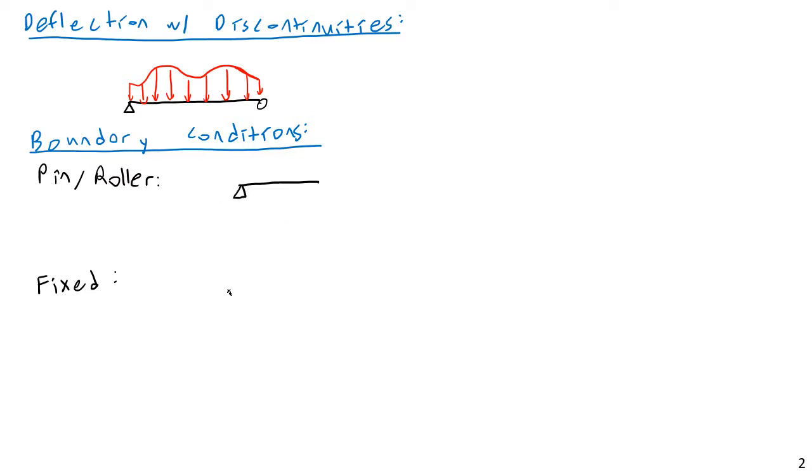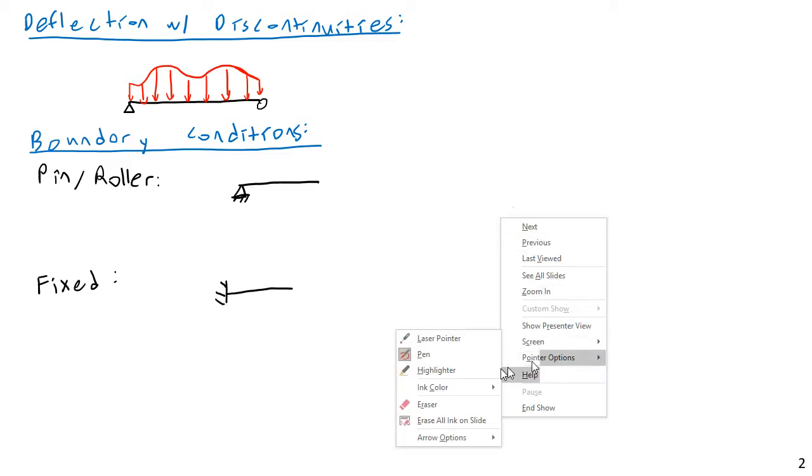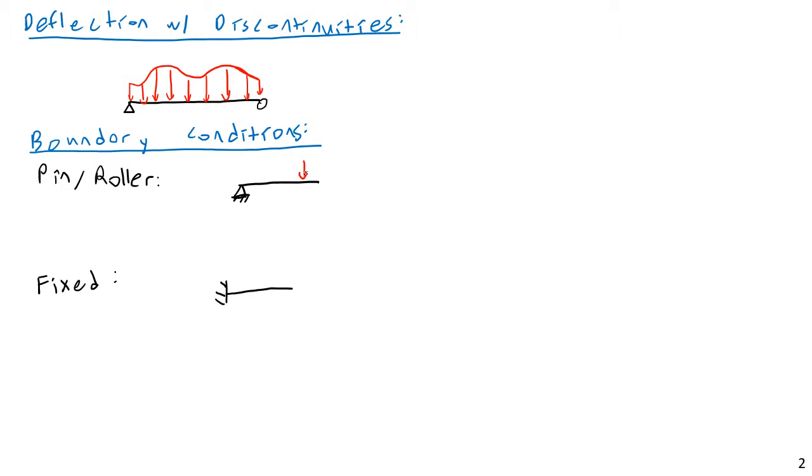I'm going to draw each support in its original shape and then its deflected shape. A fixed support would look something like this initially. And upon each, I will apply a load P, or just some arbitrary transverse loading.